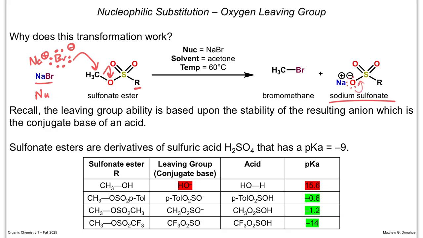So to just show you one of the resonance hybrids, that negative charge can migrate. So this leaving group is happy because the negative charge is kind of dispersed over all three of those oxygens.